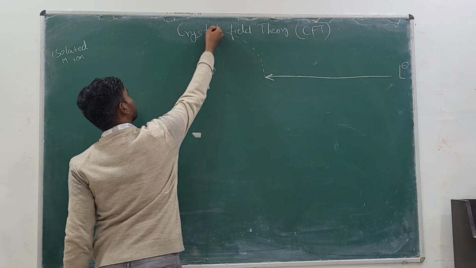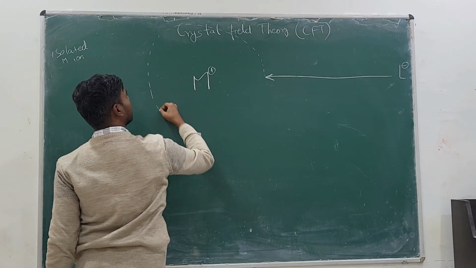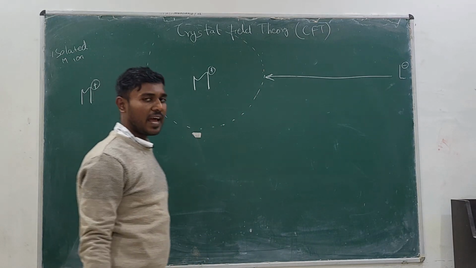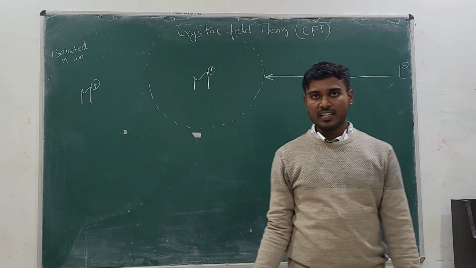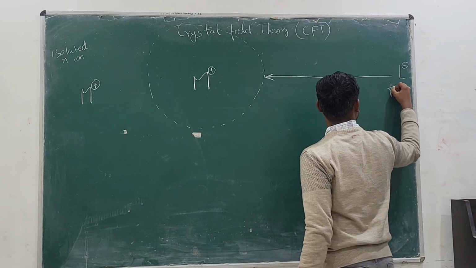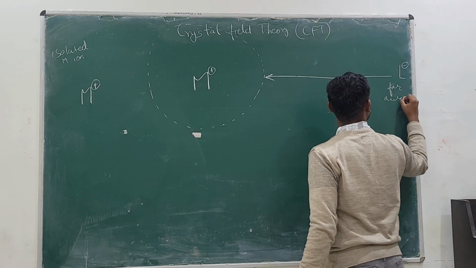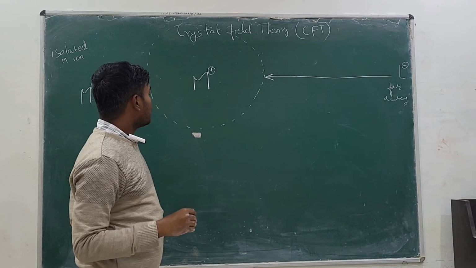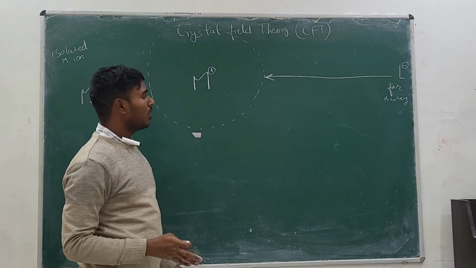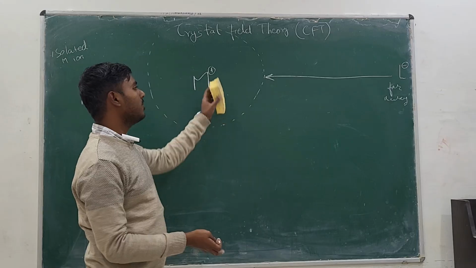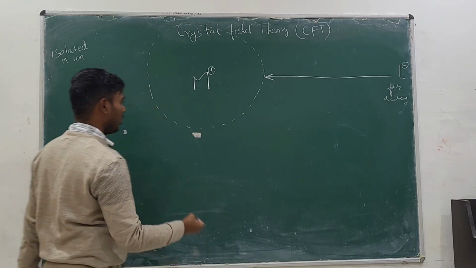So in this case there forms the crystal field around the metal ion. This crystal field is when the ligand is far away. This crystal field is uniform in nature, in uniform direction around the metal ion.